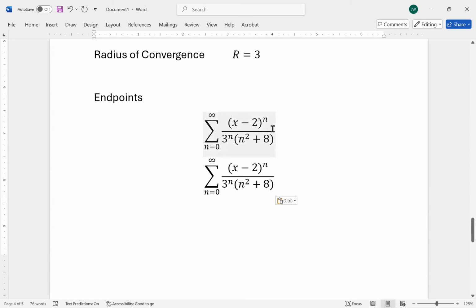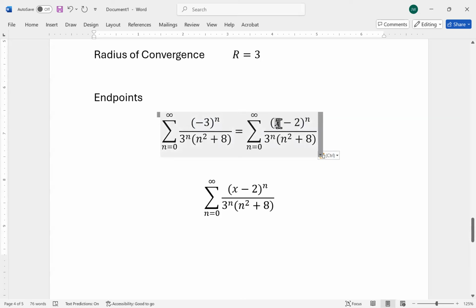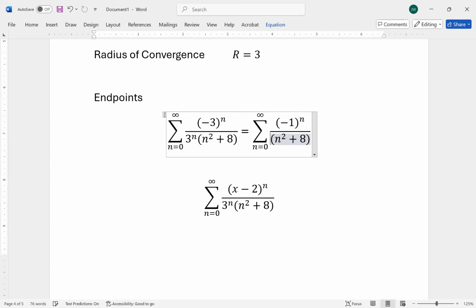And when I look at the endpoints, let's plug in -1. If I plug in -1, I get -3 raised to the nth power divided by 3 to the nth power times n squared plus 8. -3 to the nth power over 3 to the nth power is just the same as -1 to the nth power, because the 3 to the nth power cancels out.